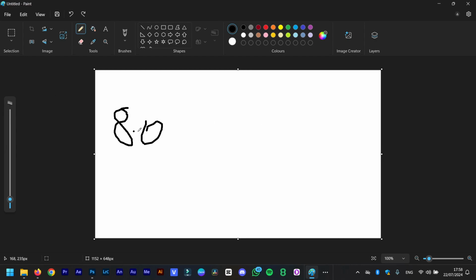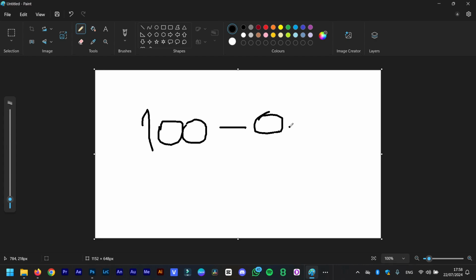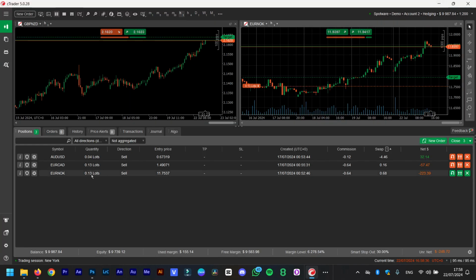I ideally wanted to be at 100 or 120, but I'm gonna do 100 because 120 I think is way too conservative, and I need to risk a little bit more if I want to make more profit. So 100 to 0.01 will be the ideal. That means the next time I open a trade, I'm probably going to decrease the lot size even more. So instead of opening trades of 0.13 lot size, I'll probably open trades of maybe 0.10, 0.09, something like this, just so I have even more margin, because I'm trying to be safe here.